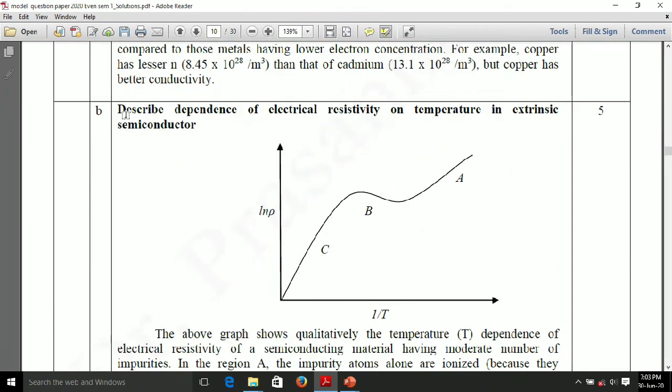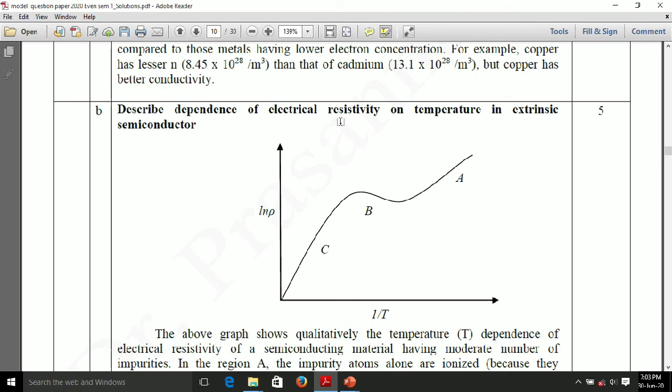And in question number 3B, you have to describe the dependence of electrical resistivity on temperature in extrinsic semiconductor. This is where many students make a mistake in writing the answers. In class I gave you the lecture on the dependence of electrical resistivity on temperature in intrinsic and extrinsic semiconductors.